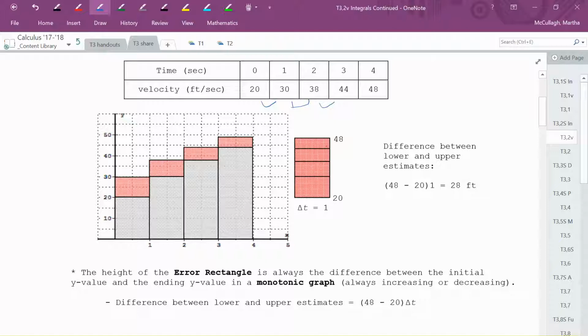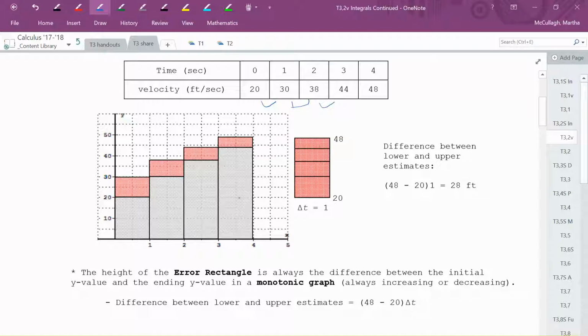difference rectangle. So I'm going to take this rectangle, put it over, stack it, stack it, stack it. This red rectangle represents the disputed area, the disputed distance. So in this case, if I want the area of this rectangle, the height is the total height of 48, the highest value.